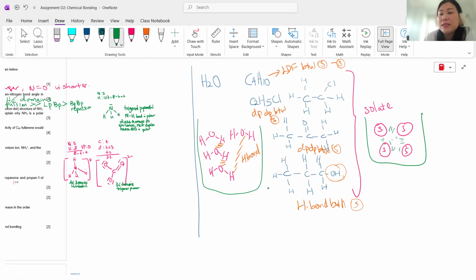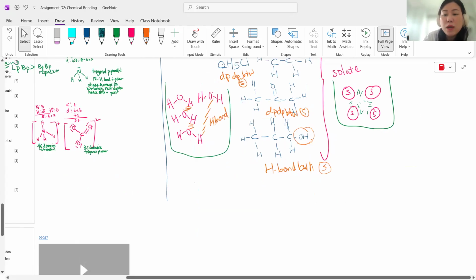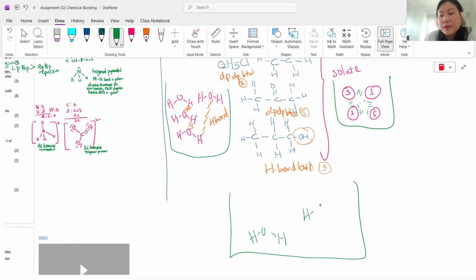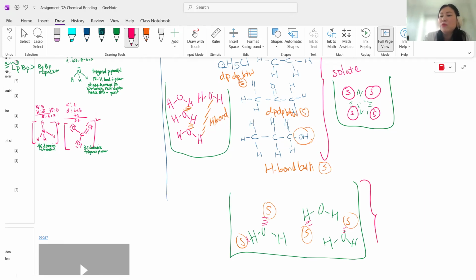So there are some forces already between the solute, but we have to be aware they exist. In order for this and this to mix, we actually want to achieve this state. Solubility means I want to achieve something like this, where my S and my water are well dispersed. And I have some bonds between them that keeps them in place, right? But what we are seeing here is that we need to form some new interactions, or some new attractions, or some new bonds.